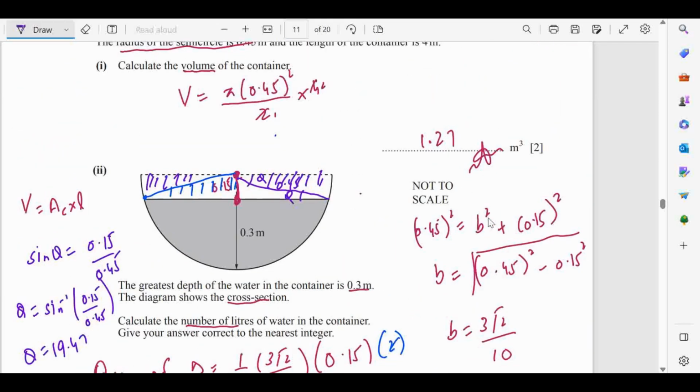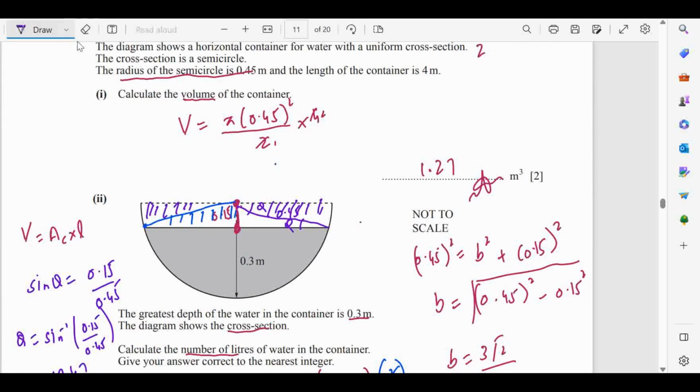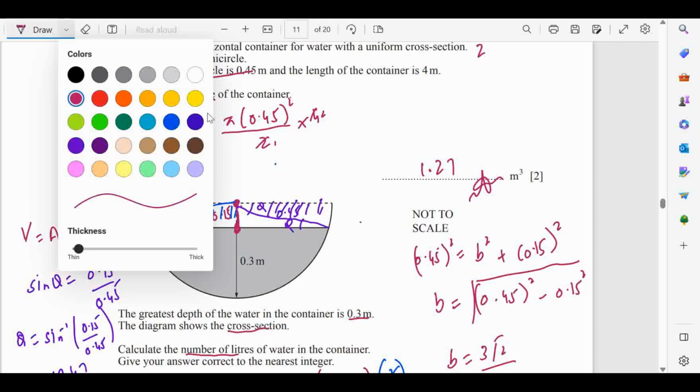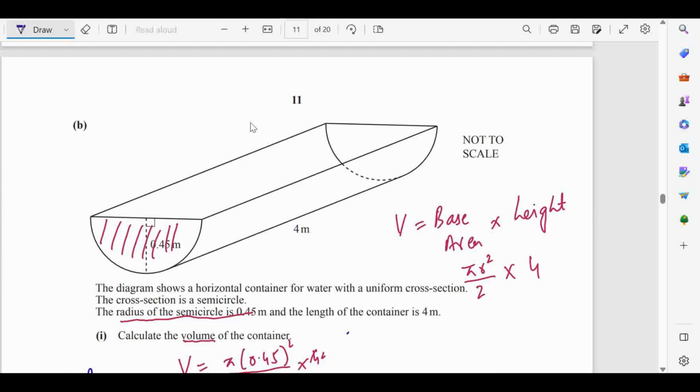Now we need to find the volume of the shaded portion. For that, we need to write the formula: volume will be equal to the cross-section area multiplied by length. Here the area of the cross section is 1 by 2 into pi r squared, since this is a semicircle, minus the area of the unshaded region, the whole multiplied by the length, and the length of the container is 4.